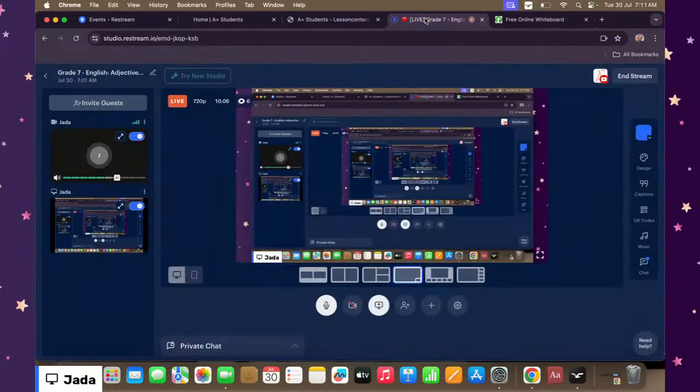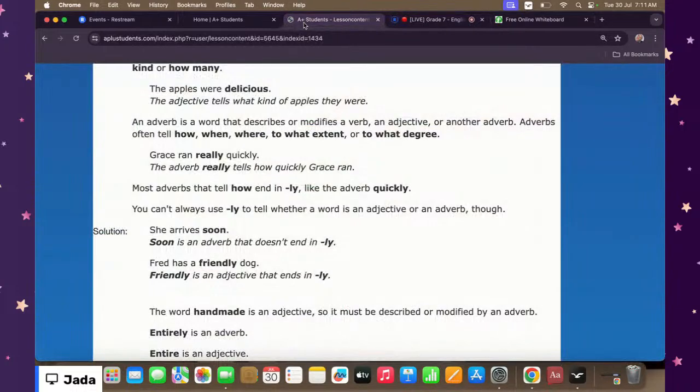Most of the adverbs that tell you how end with ly. So most times if you see the ly, you know that that's an adverb. Just like quickly there, quickly is an adverb. It ends with ly. For example, I can say, how did she drive the car? She drove the car quickly. So it's just telling us how.